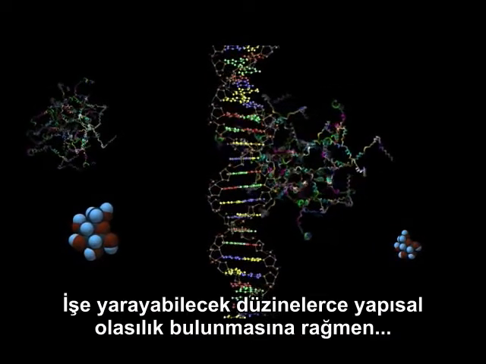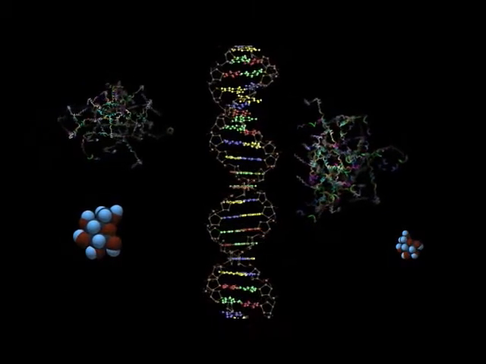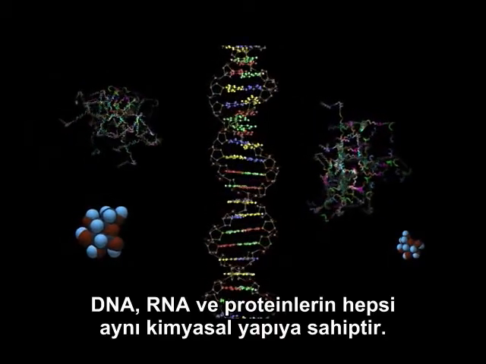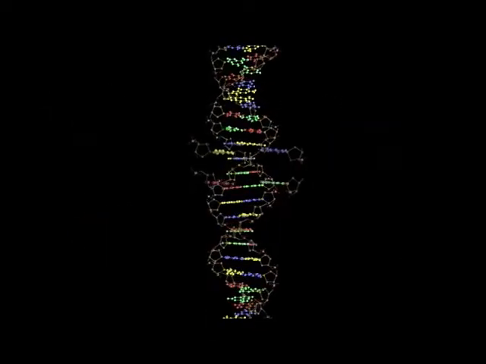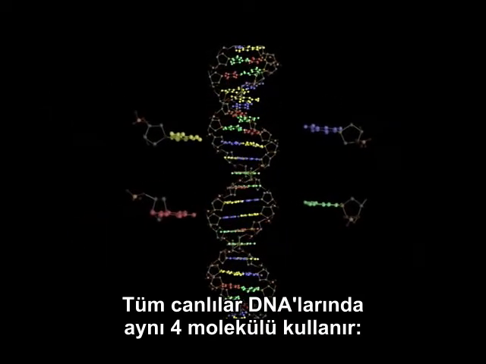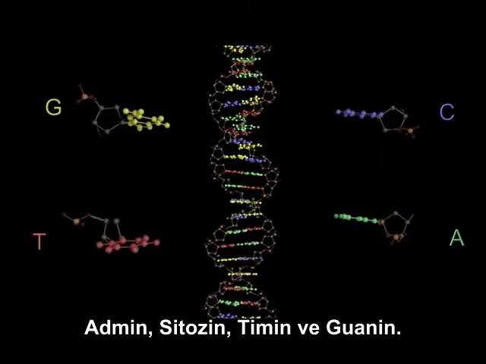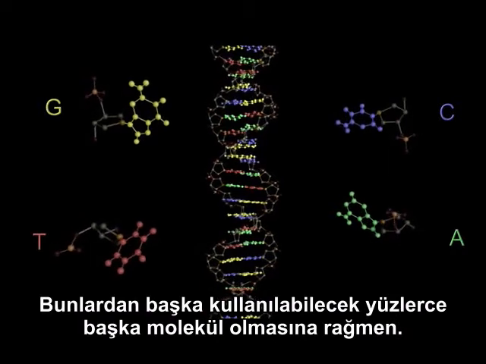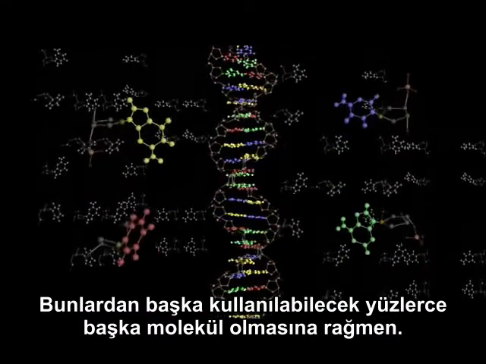DNA, RNA, and proteins all have the same chemical form in spite of the fact that there are dozens of possibilities that would work. All life uses the same four molecules: adenine, cytosine, thymine, guanine, in the DNA ladder, although there are more than 100 that could be used.